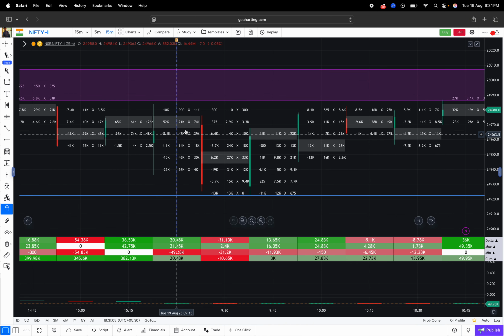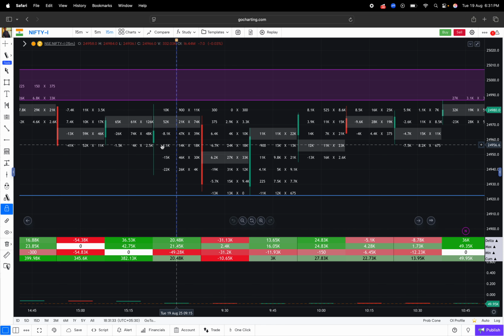On the left hand side you have sellers, on the right hand side you have buyers. So the overall combination is 20k. The max delta went up to 20k, it came down to minus 49k, and then finally it closed at 20k.